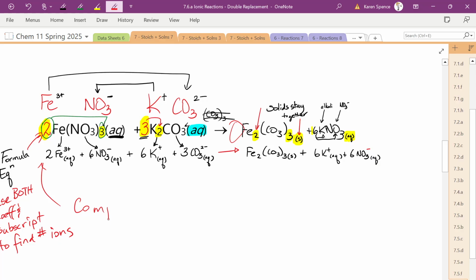This is the complete ionic equation, or the CIE. Now, if you want to turn that into, what's the next one? After the complete ionic equation comes the net ionic equation. Who do you have to look for to find the net ionic equation?